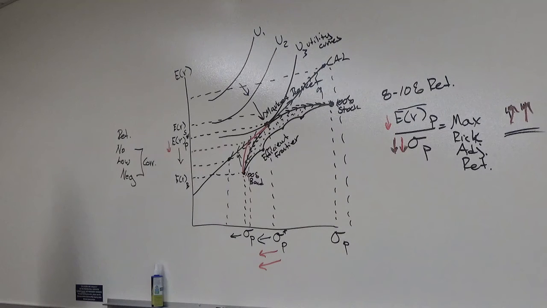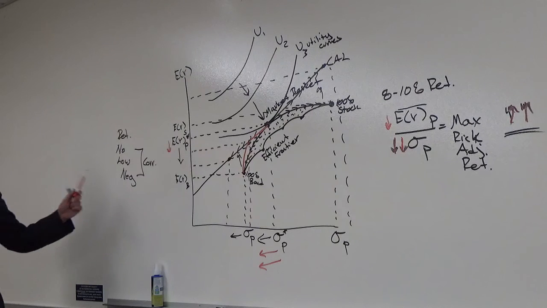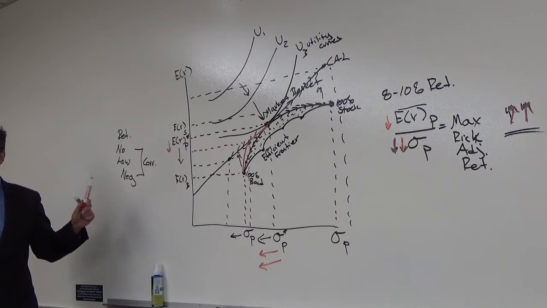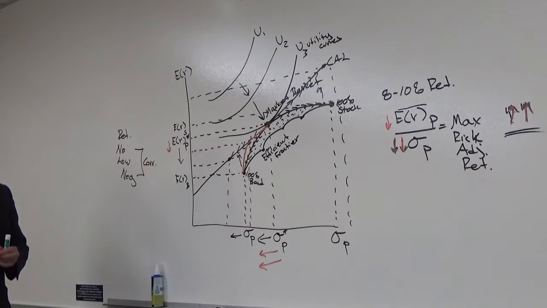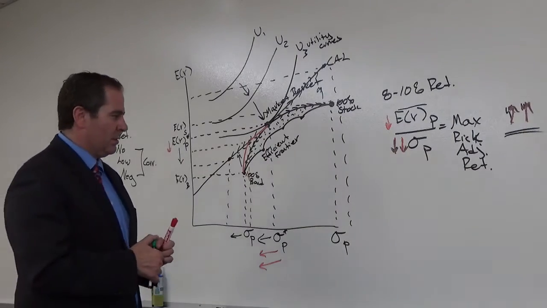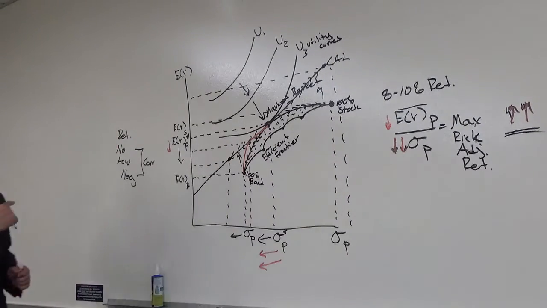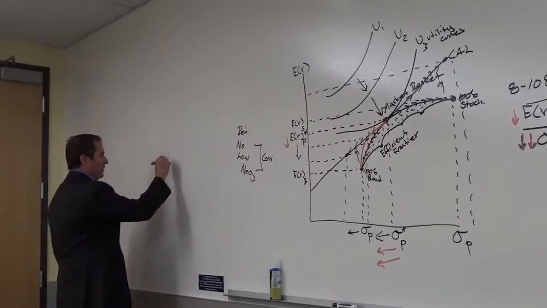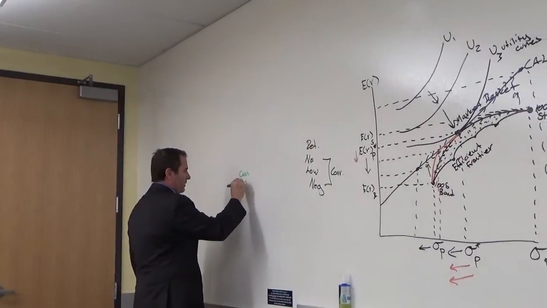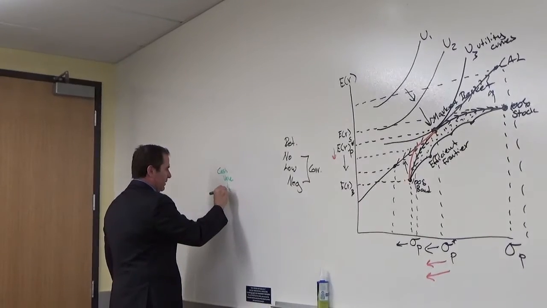So what are some of the asset classes that have low, no, or negative correlation in their rates of return with stocks and bonds? The first one is cash value life insurance.